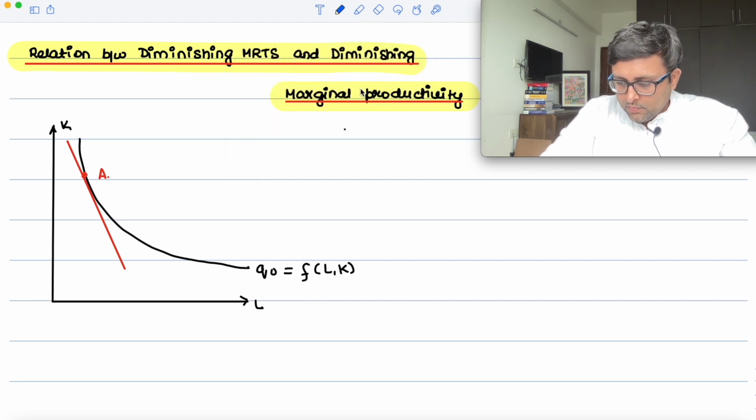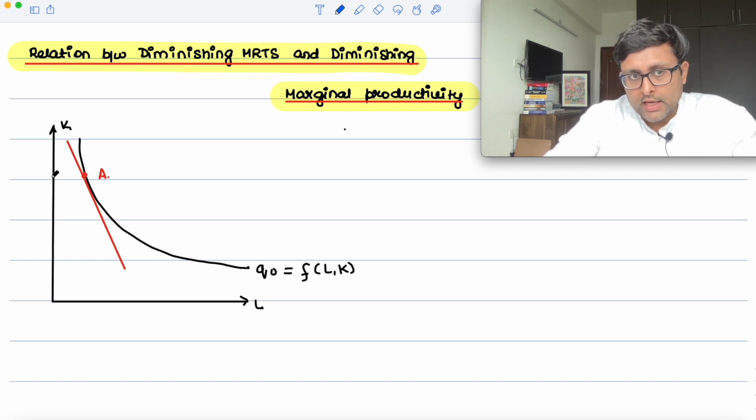So this is the high ratio of K to L. You have huge amount of K and you have less amount of labor. So it means that MRTS is large, indicating that you can give up high amount of capital in order to get one more unit of labor, right? At this particular point, MRTS is large along this.